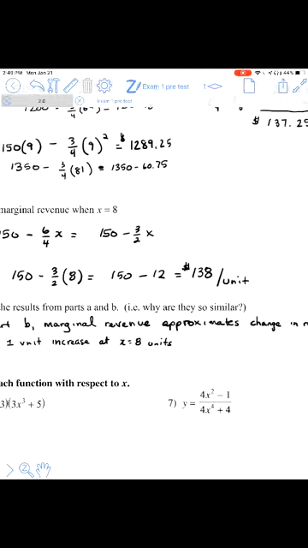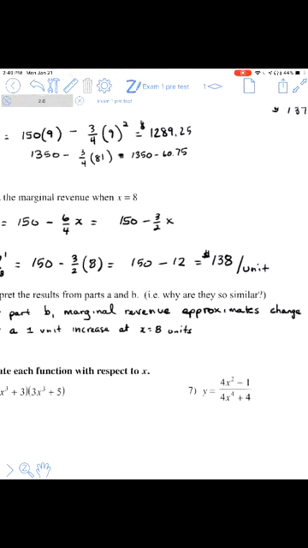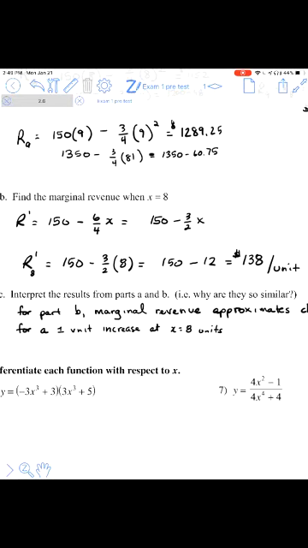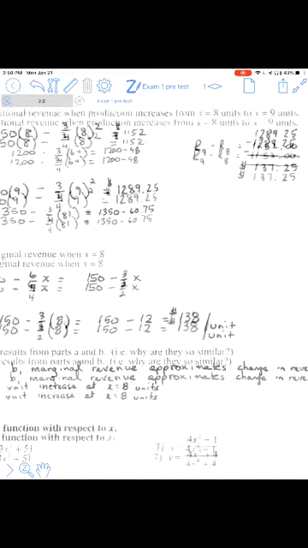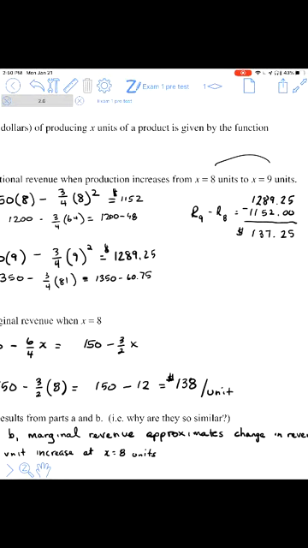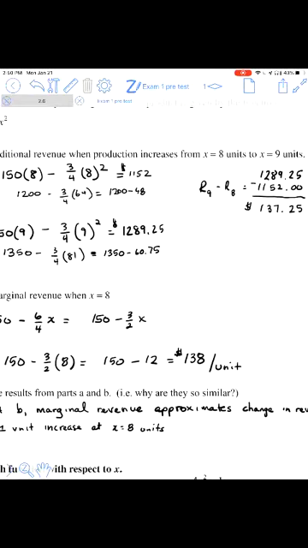The marginal revenue can approximate the change in revenue for a 1 unit increase at 8 units. And the reason I say 1 unit increase is because the marginal revenue is number of dollars per unit. Per unit implies per 1 unit, so we need a 1 unit change there. So for part A, it was a 1 unit change from 8 units to 9 units, making marginal revenue for that a pretty good approximation.